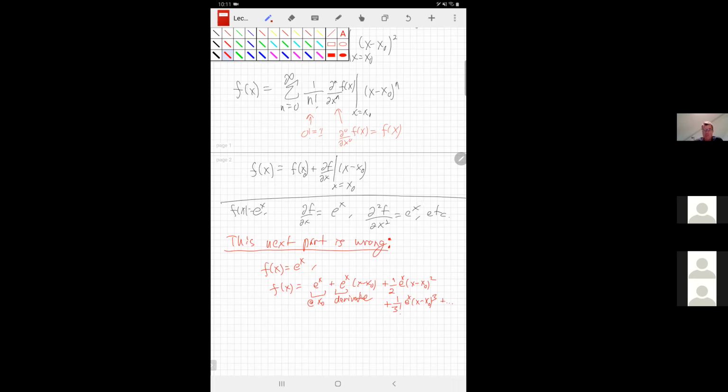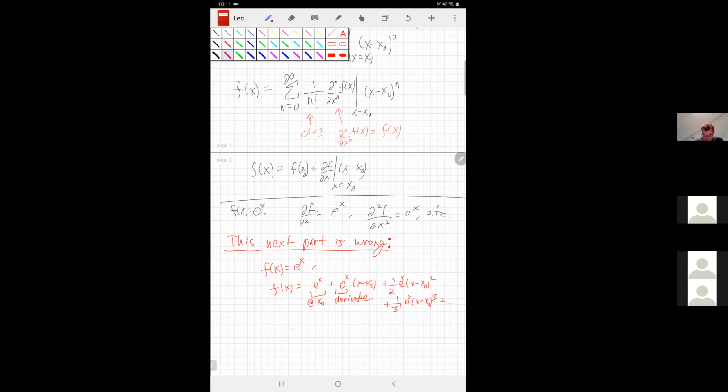But I've seen people do things like this on tests. They take the entire formula for the derivative and they just use that formula. They don't plug in x naught. They don't say, oh, well, this is e to the x naught here and e to the x naught there. They just keep going on with this.